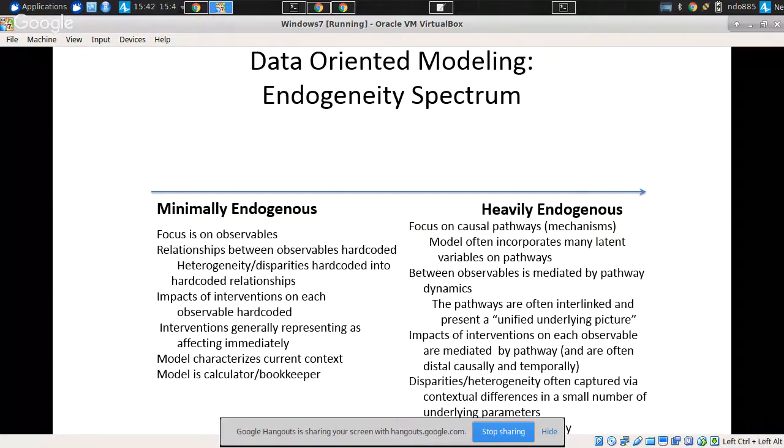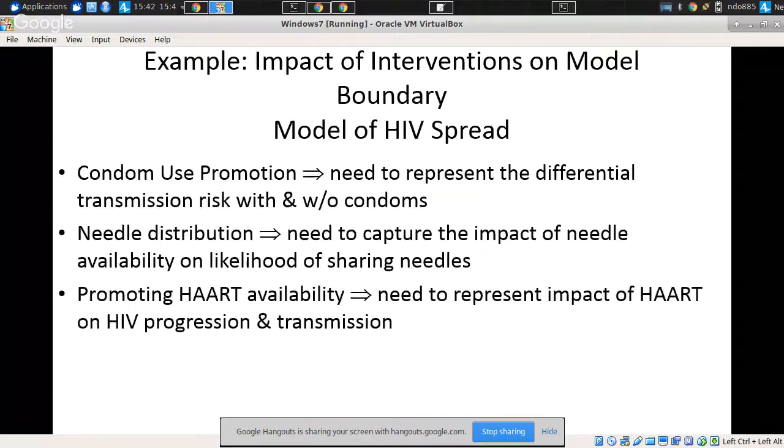So with models, we'll often have a spectrum of models, ones that build in a lot of hard-coded assumptions about things and have very little dynamics, versus those that we call heavily endogenous. They focus on characterizing the mechanisms by which A impacts B, and B impacts C, and C impacts D, and how a certain intervention impacts A, for example. These are heavily endogenous things. These are things where we have these ripple-through effects.